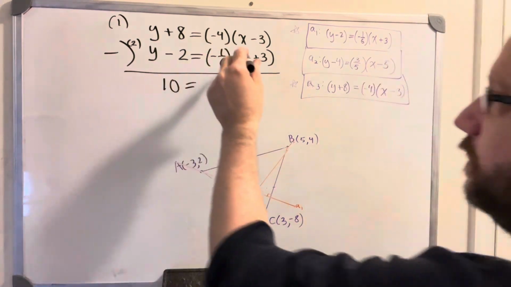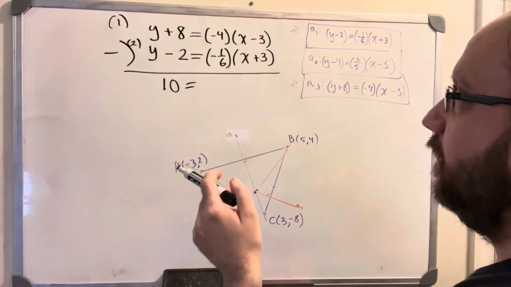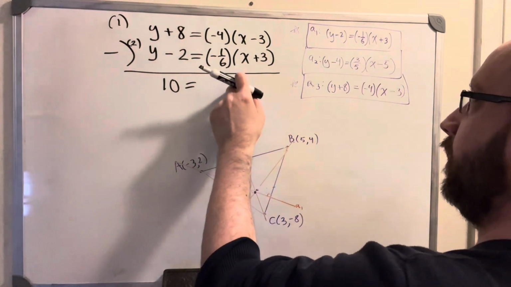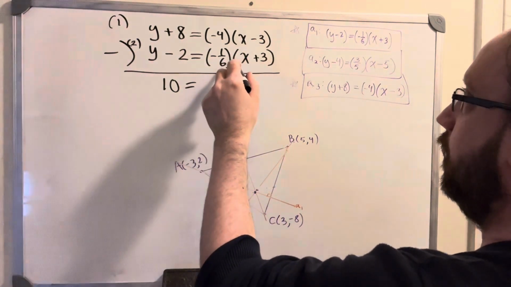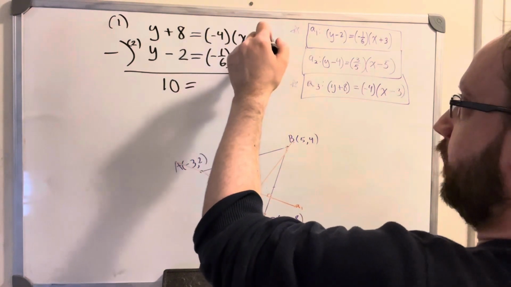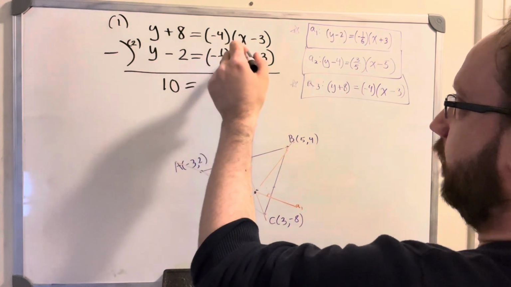And now for this, what you really need to do is carefully on paper or using a calculator that can handle rational numbers. First, you need to distribute the -4 over the x minus 3. And then you distribute the -1/6 over x plus 3.